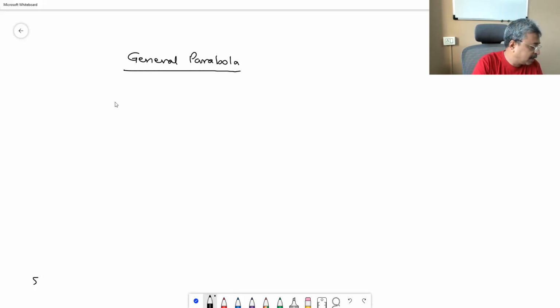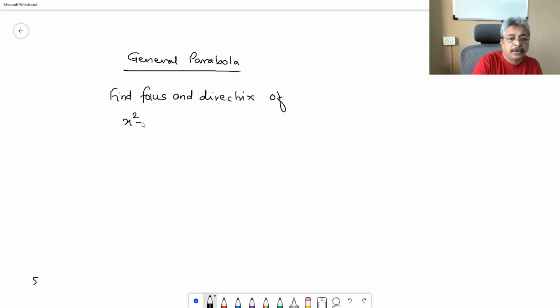So the first problem that I had given was to find the focus and directrix of x square minus 4xy plus 4y square minus 6x minus 8y plus 5 is equal to 0.